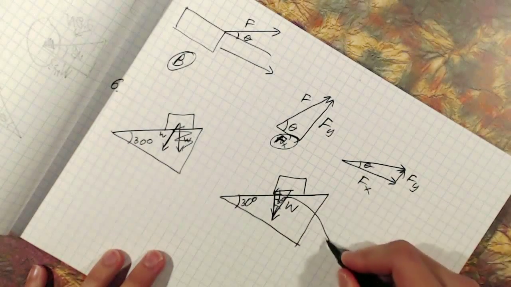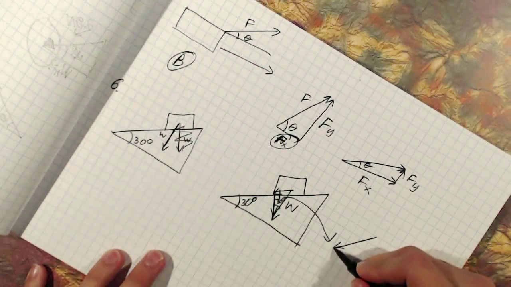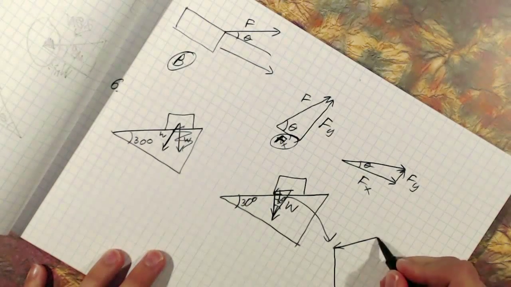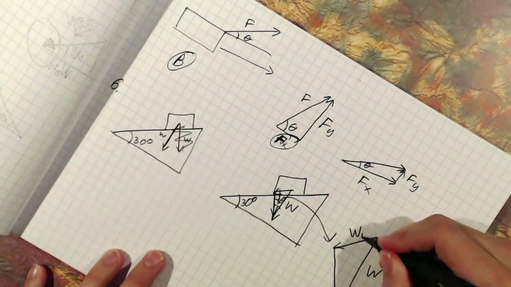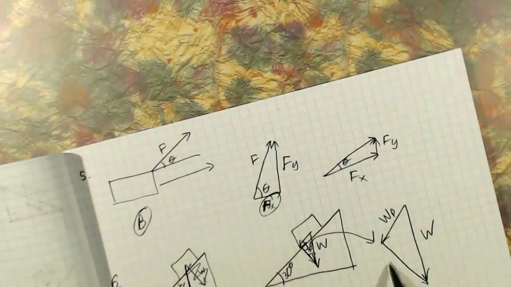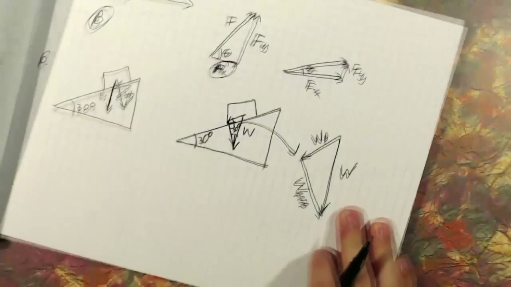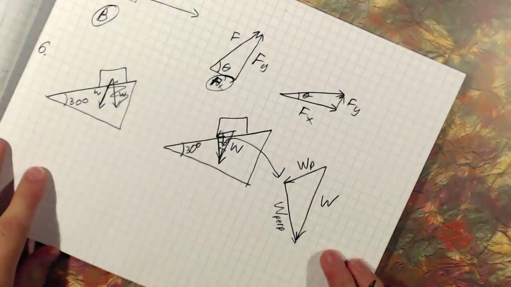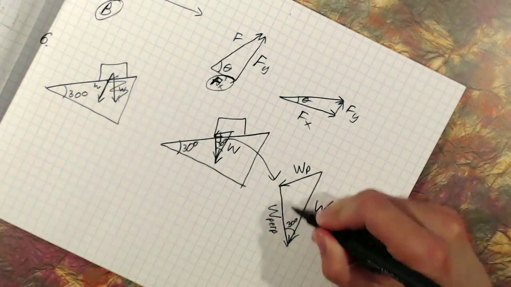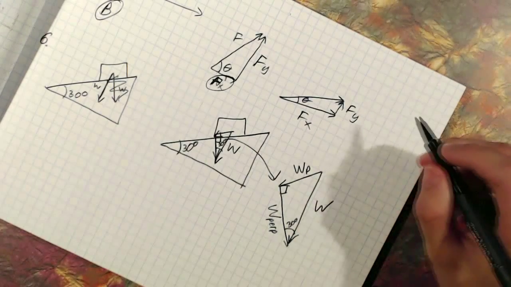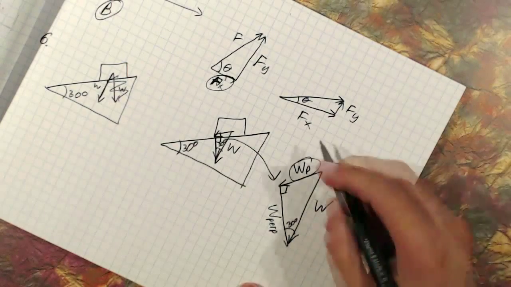In fact, let me redraw this triangle out here, a little bigger so you can see it. So this is our weight, and this is our parallel weight, and this is our perpendicular. This is 30 degrees, and this is a right angle. So it wants to know the weight that's parallel.